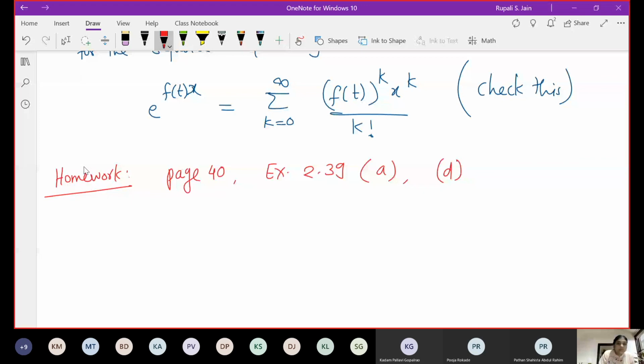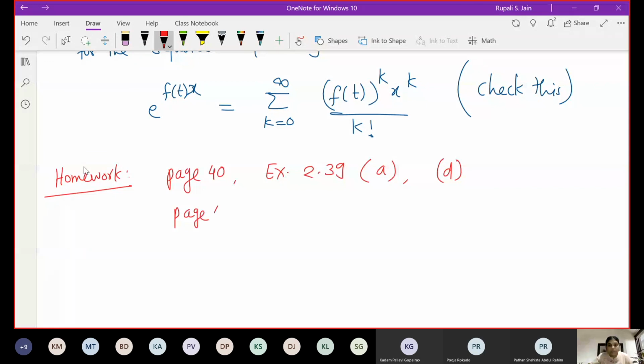Okay, this is today's homework. You have to find generating functions for the given sequences. Okay.